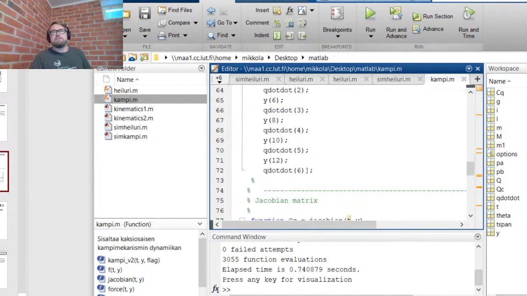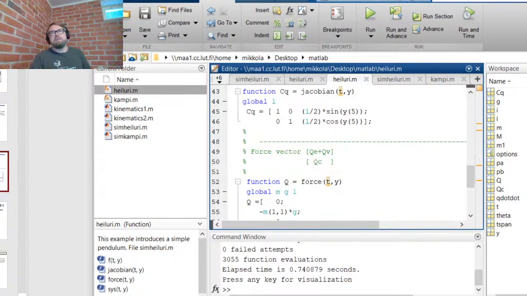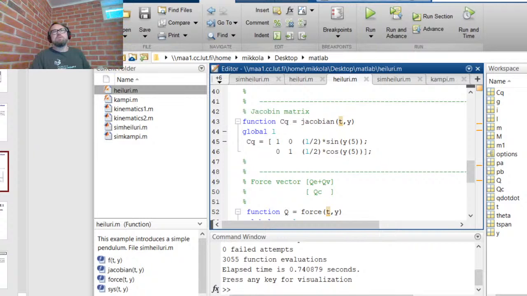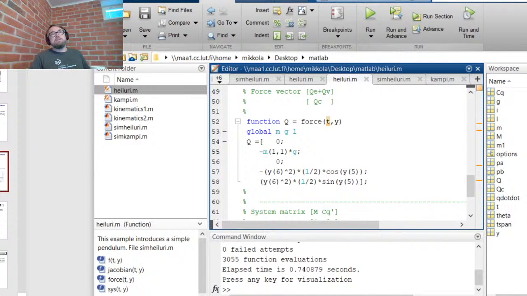So this is my Jacobian matrix, exactly the one we looked at in that numerical example. And then my external applied forces is here, which is just a gravity force. So it's the mass multiplied by the gravity constant. The quadratic velocity vector is equal to 0, so we don't need to worry about that. And this is the vector QC here. So the implementation is completed.